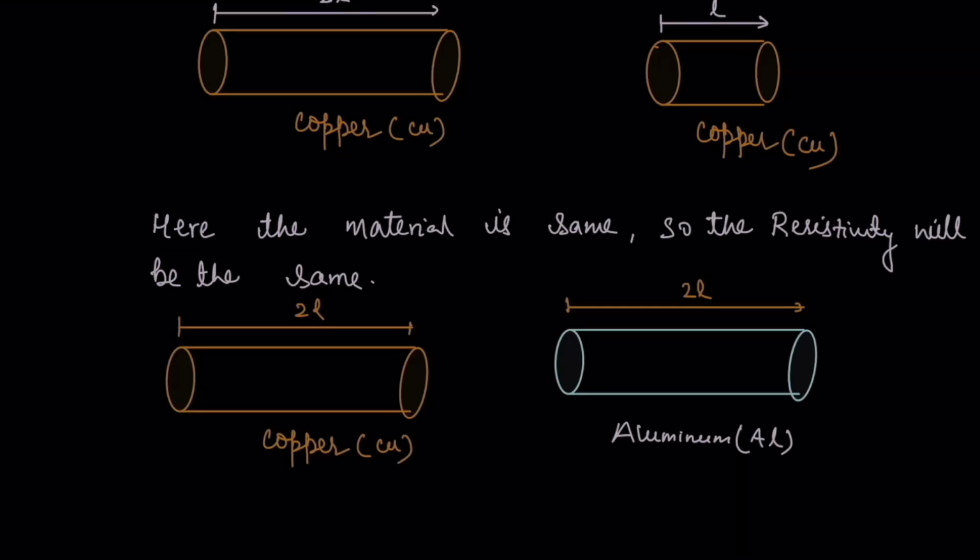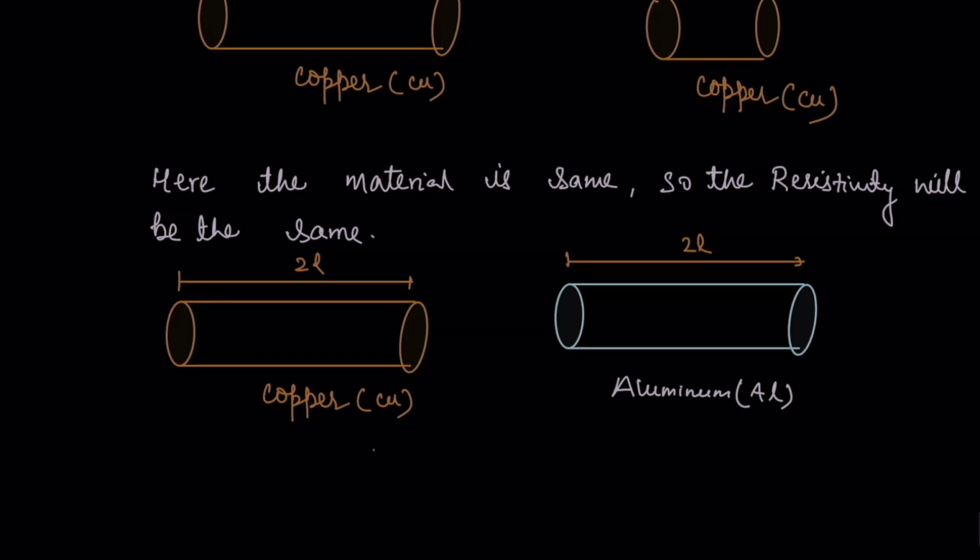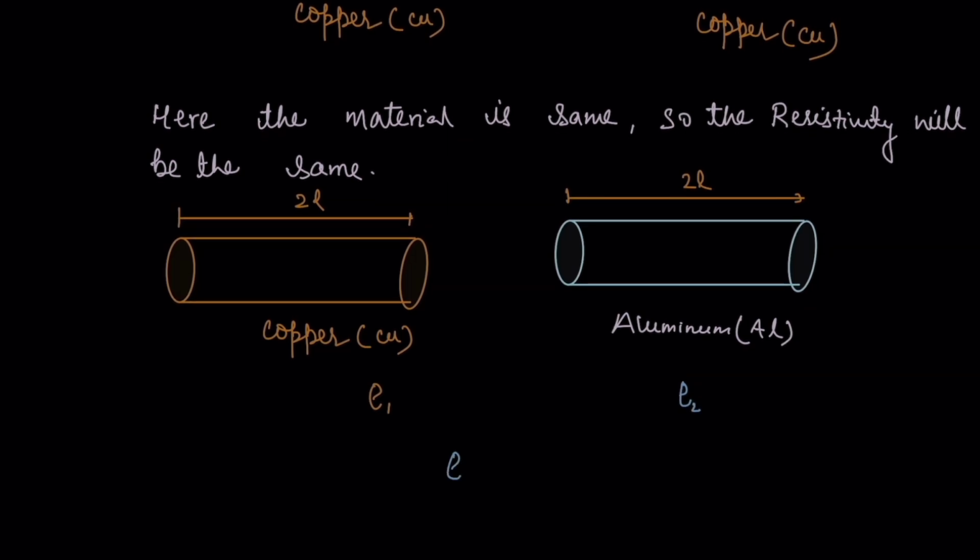Here, if you are using different materials of the same length, because resistivity only depends upon the nature of the material, in this case both have different resistivity. Suppose this is rho 1 and here it is rho 2. So rho 1 is not equal to rho 2.